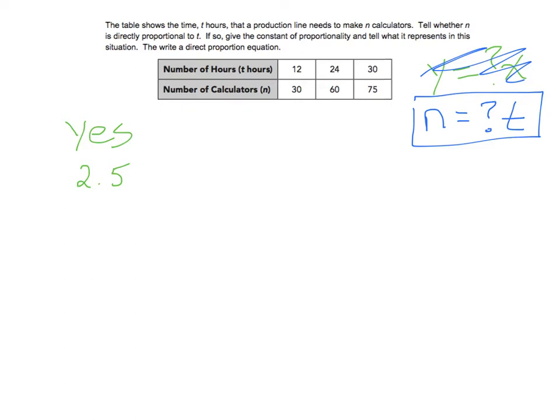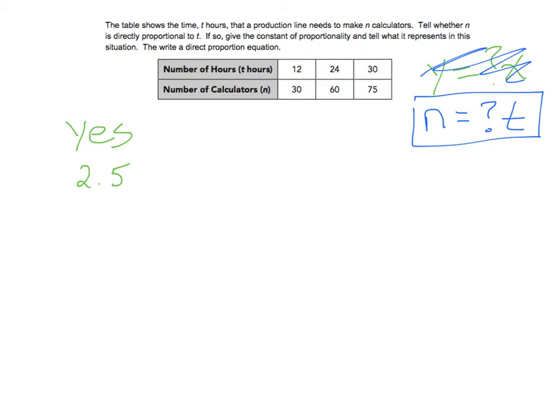What does 2.5 represent in this specific problem? 2.5 is saying that's how many calculators they can make in 1 hour. In 1 hour, they can make 2.5 calculators. So obviously you can't make half a calculator, but if you could, that's how much time it would require.